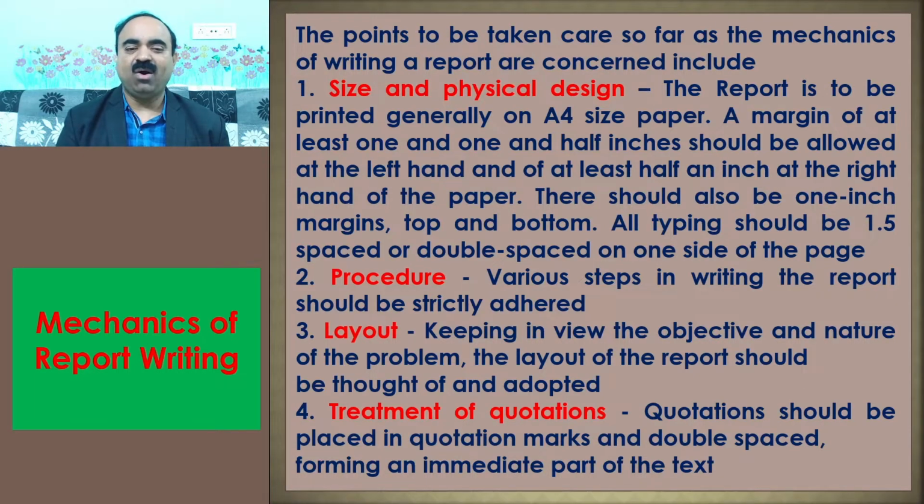A margin of at least 1 and 1½ inches should be allowed at the left hand and of at least ½ an inch at the right hand of the paper. There should be 1 inch margins top and bottom. All typing should be 1.5 spaced or double spaced on one side of the page.